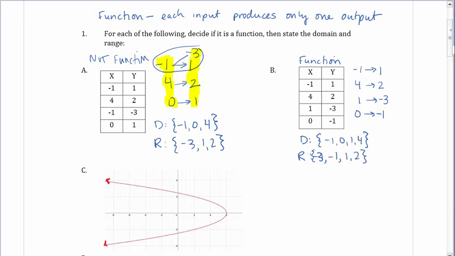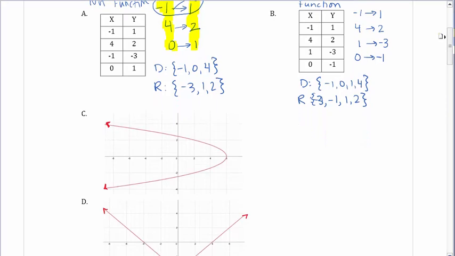Now when you're looking at a graph and you're trying to determine domain and range, you're looking at what x coordinates are shown by the points on the graph. And what you have to remember is that there are actually an infinite number of points on this graph. All the dots, if I could put them in there, they would fill up the whole thing.